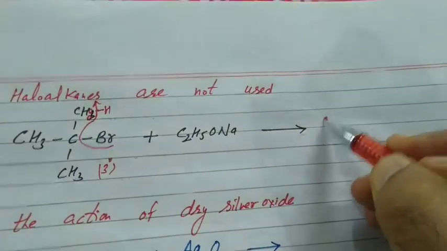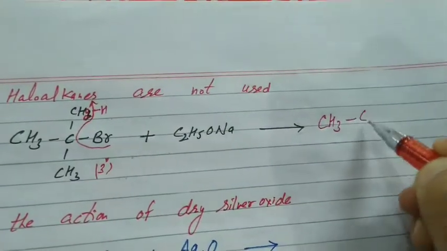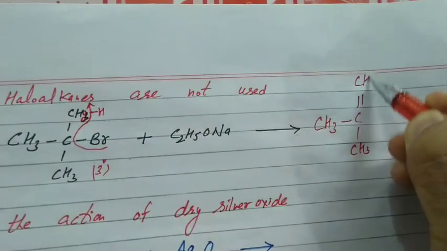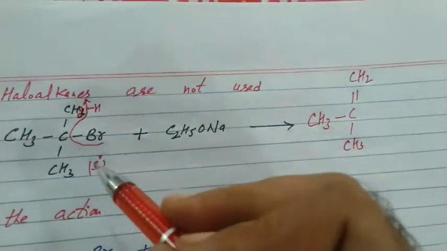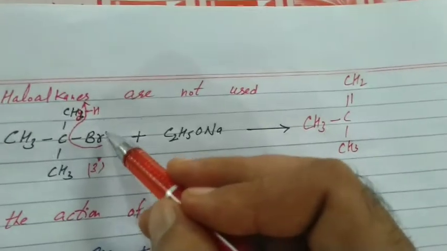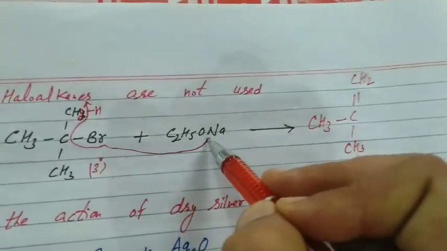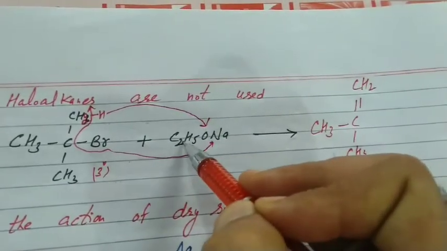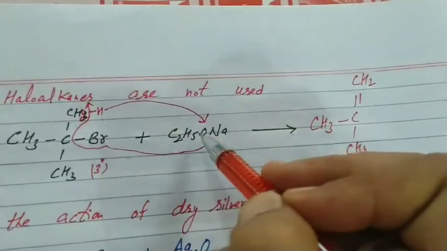What is the product? CH3, C, CH3, CH2 double bonded. This is dehydrohalogenation. Sodium possesses strong affinity for halide ions. What will be formed? NaBr, and hydrogen gets linked with electronegative oxygen. The side product is C2H5OH. The second product is ethanol.